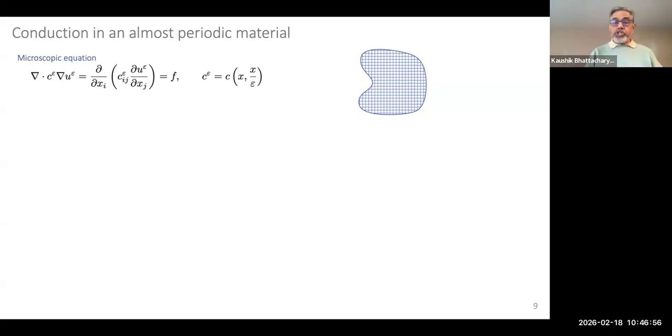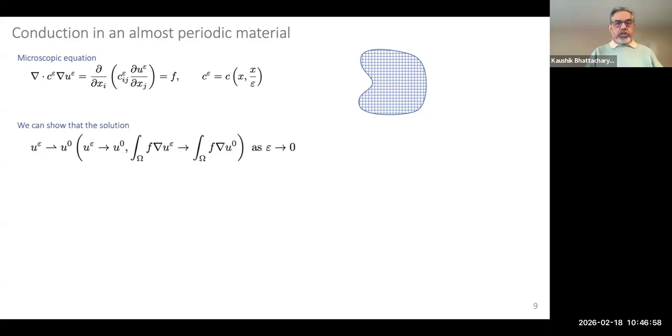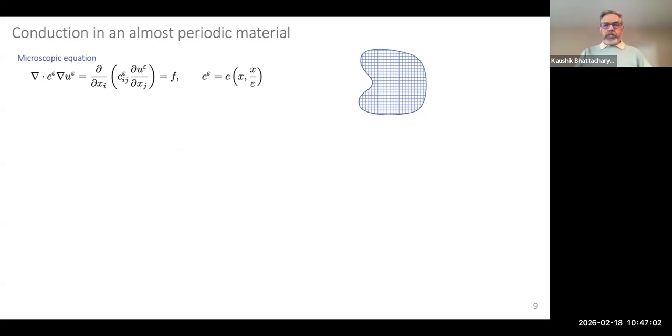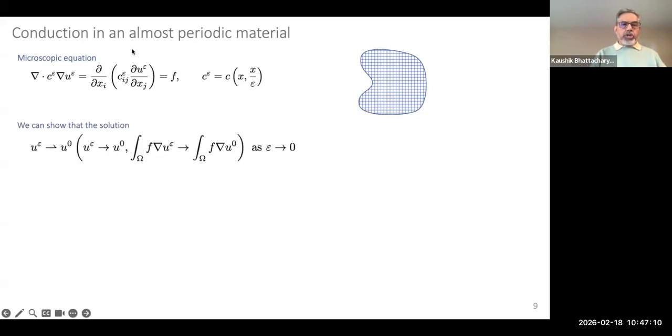What you can show in general, and you actually don't have to do periodic in this case, you could do much more general classes of microstructure, is that the solution of this problem converges in some average sense, and I will make this precise in a second here.